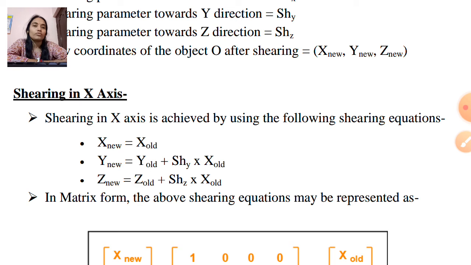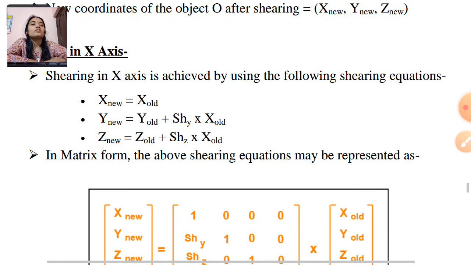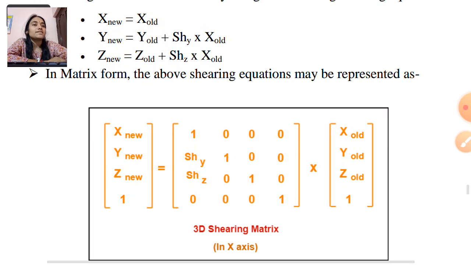But in matrix form, the equation may be represented as x new, y new, z new, 1 equals 1 0 0 0. This one is our constant. Then shy 1 0 0, shz 0 1 0, 0 0 0 1 into x old, y old, z old, 1.